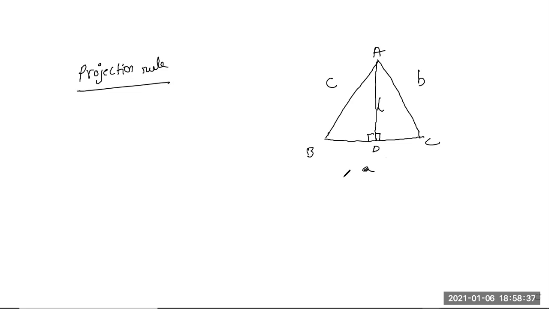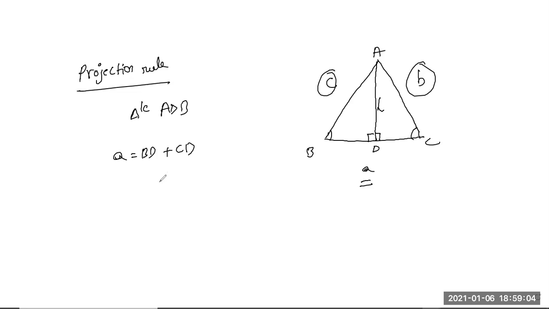Now if I want to find a in terms of c and b, what will you do? If you take this triangle ADB, small a is nothing but BD plus CD, right?